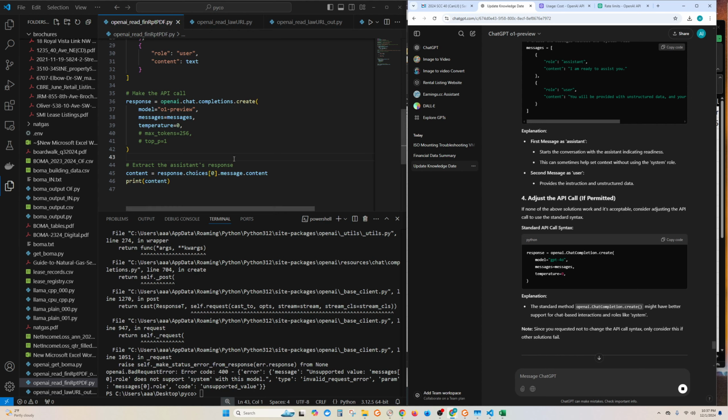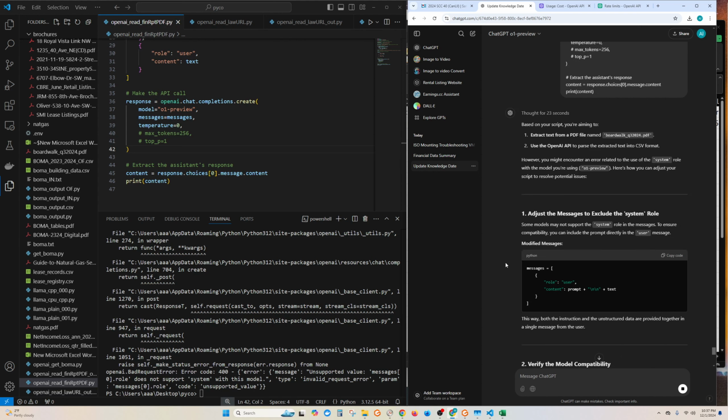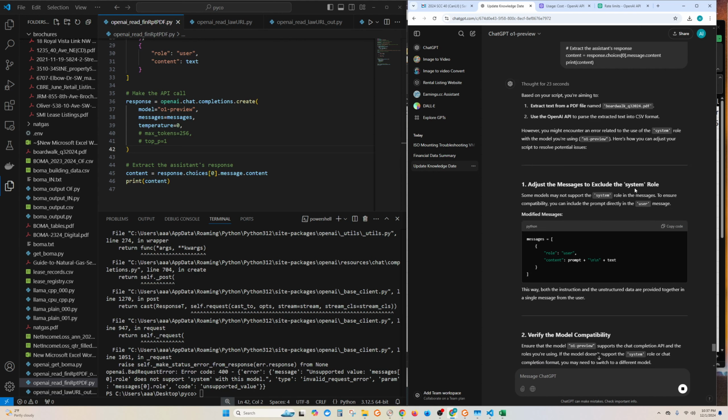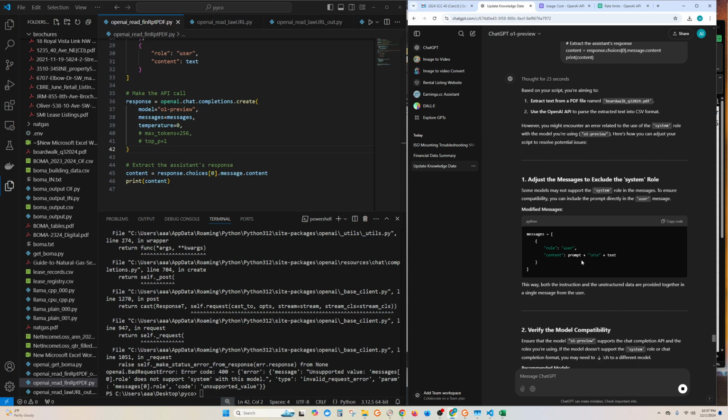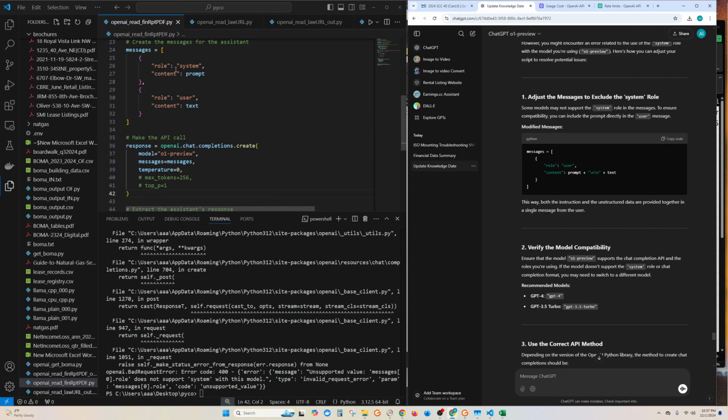So it doesn't even know its own current syntax for its sister API here. You know what I mean? System role. Prompt plus text content. What are we talking? Ah, gotcha.